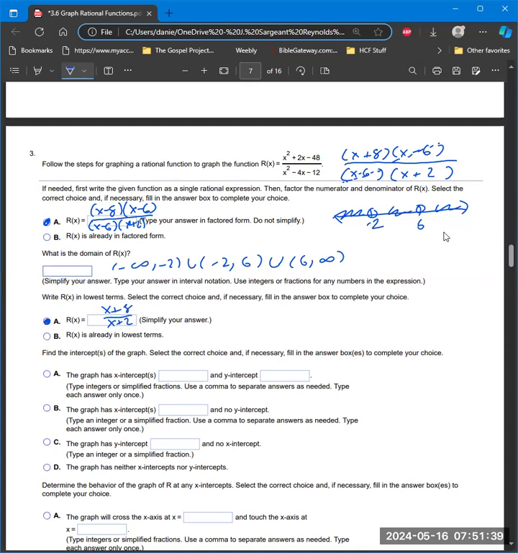Once I cancel out that common factor, remember though, don't change the domain. The only x-intercept is going to come from the piece of the numerator that remains after I simplify. So that is going to have one x-intercept at -8. And the y-intercept is going to be 8 over 2, which is 4.